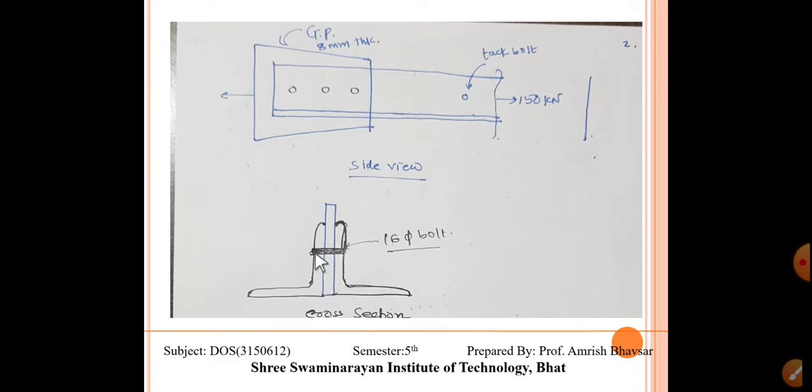Now the bolt is connected like this, meaning the bolt fails in shear in these two directions, cut off in two planes. So in this case, the shear strength of the bolt must be taken as double shear.